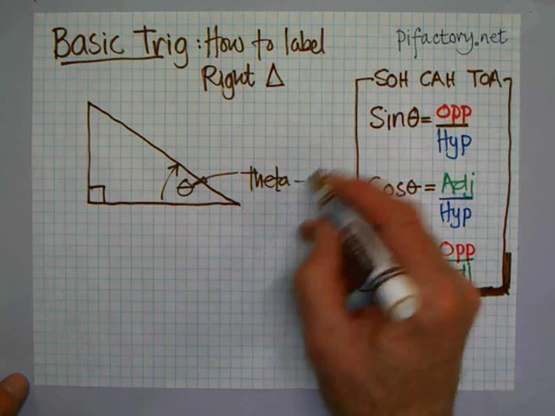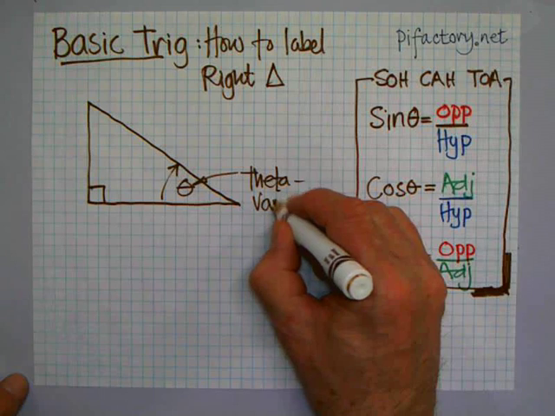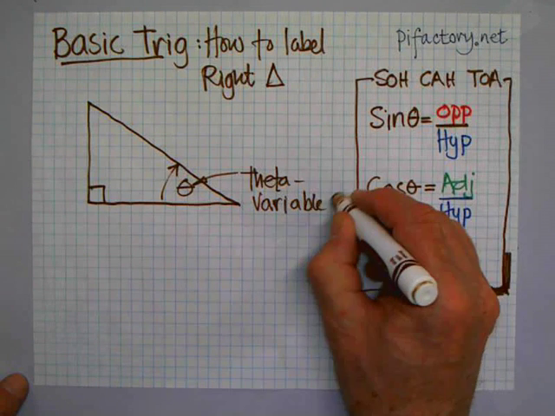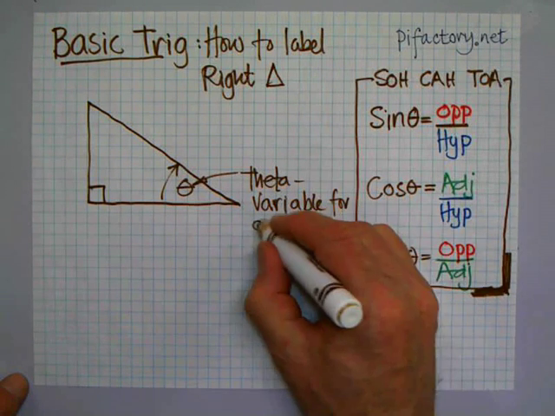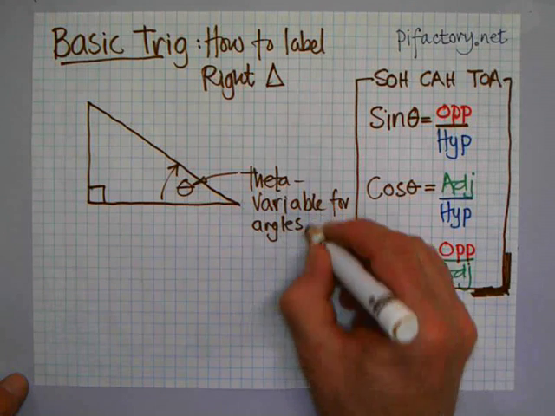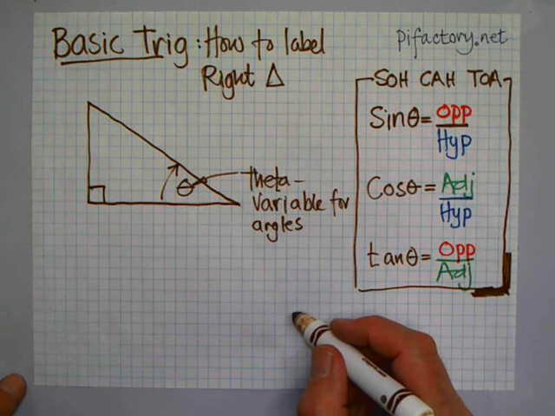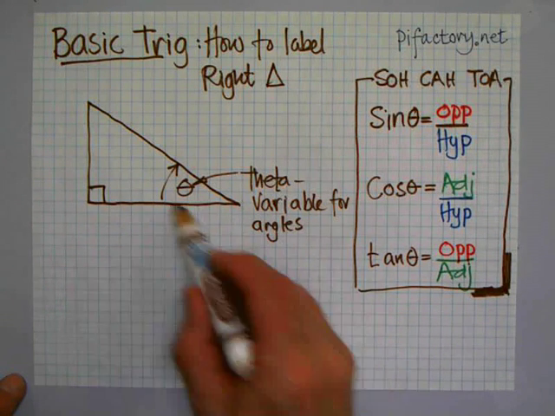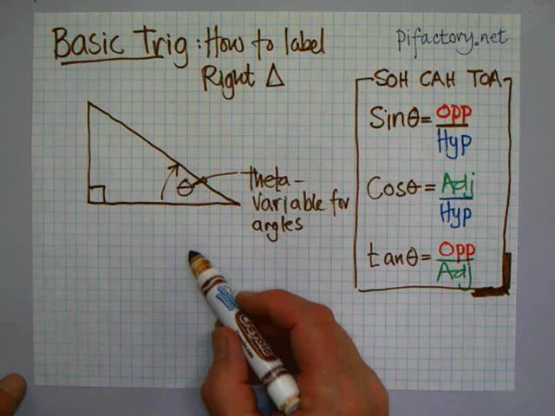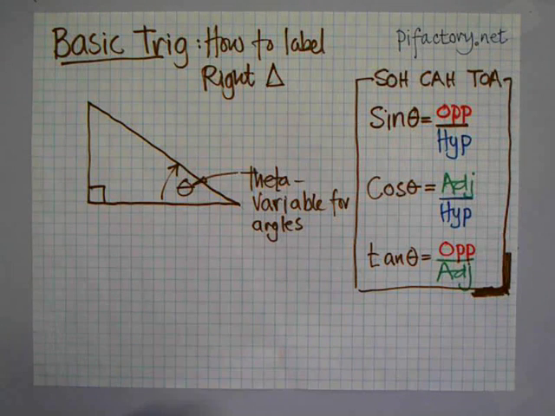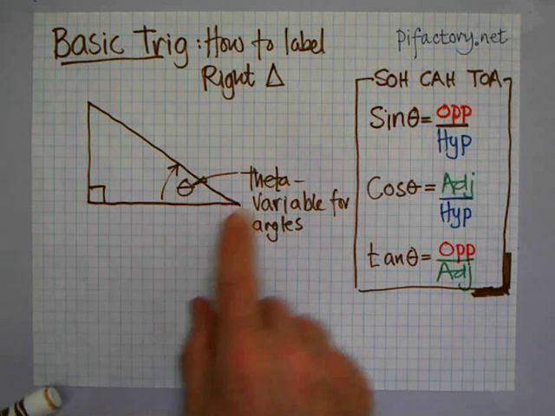We use theta really as a sort of variable for angles. It's a bit like x in an equation, and you just always see it in triangles or something to do with trigonometry. So we'll refer to theta, Greek letter there.